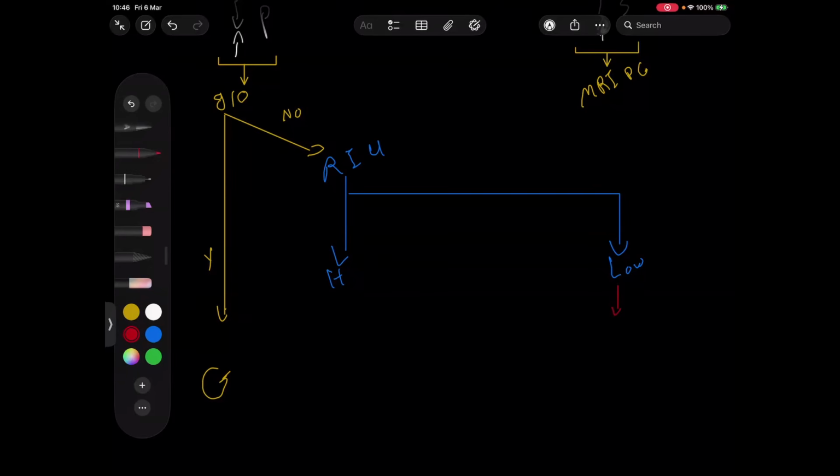You can measure the serum thyroglobulin. After you measure your serum thyroglobulin, you have two things here. Please concentrate, we're going to recap it all.